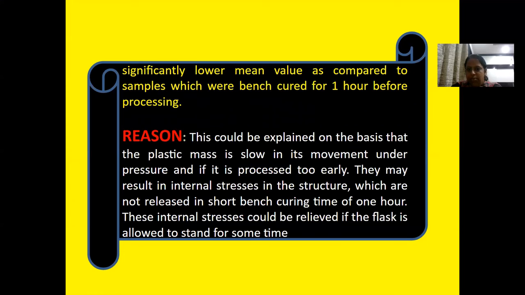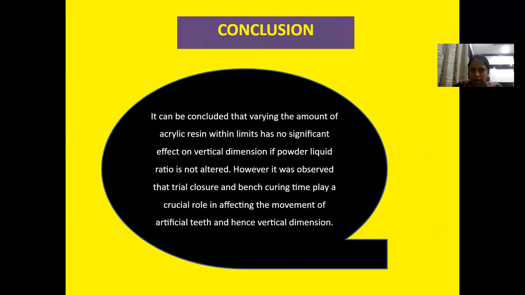This could be explained on the basis that the plastic mass moves under pressure, and if it is processed too early, it may result in internal stresses in the structure, which are not released in a short bench curing time. These internal stresses could be relieved if the flask is allowed to stand for some time.